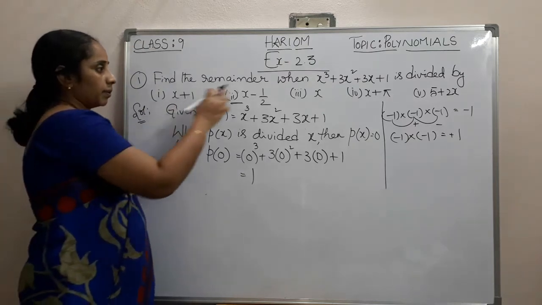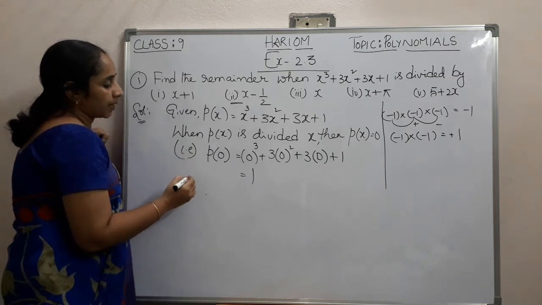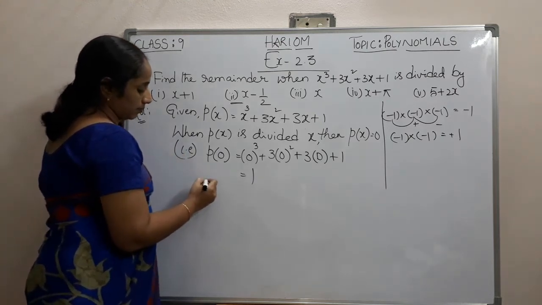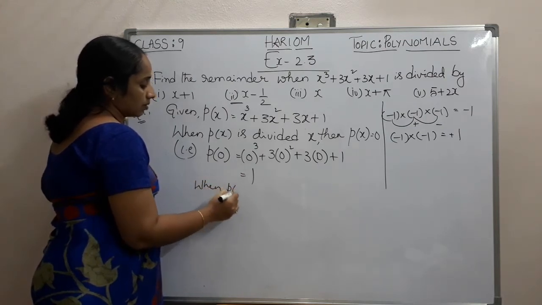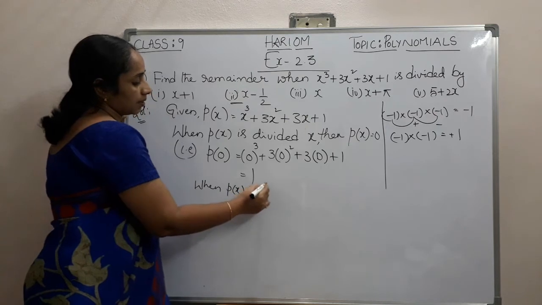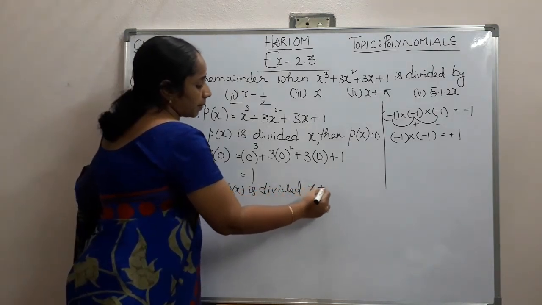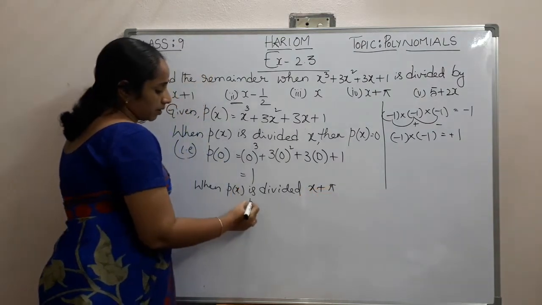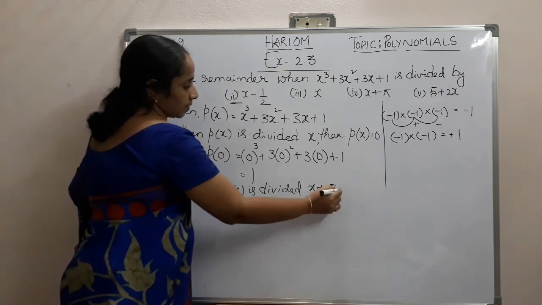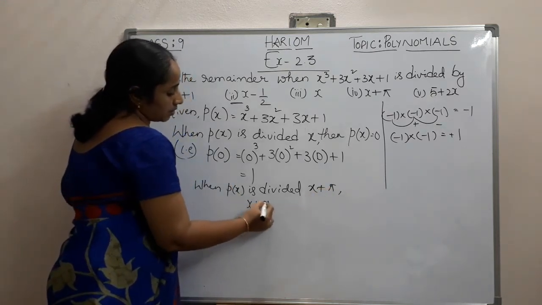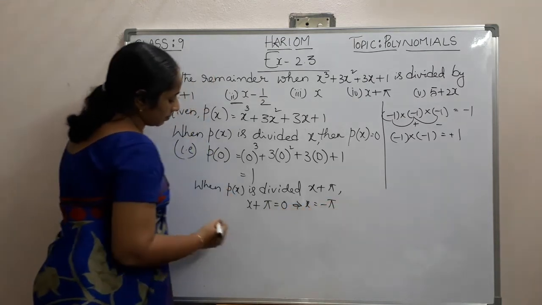Okay, now coming to the fourth one, x plus pi. When p of x is divided by x plus pi, then x plus pi is equal to 0, x equal to minus pi.